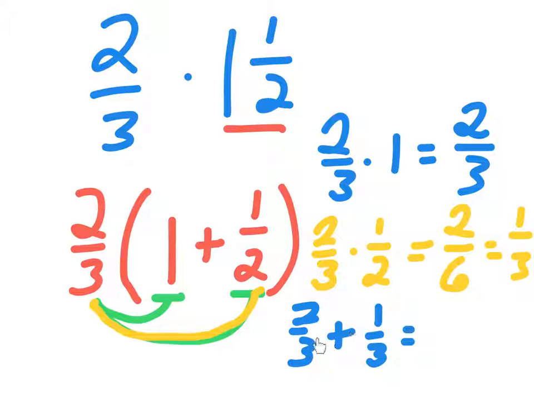When you add, remember you have to have common denominators. In this case we already do, so we can add our numerators. I get 3, keep our same denominator, that's also 3. 3 over 3 can be reduced to 1, which is my final answer.